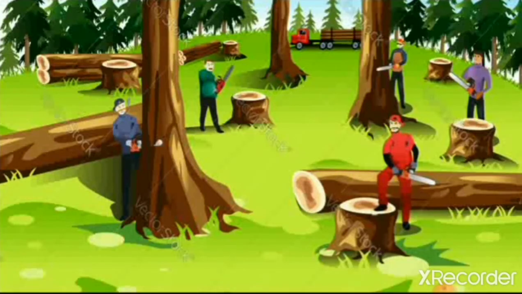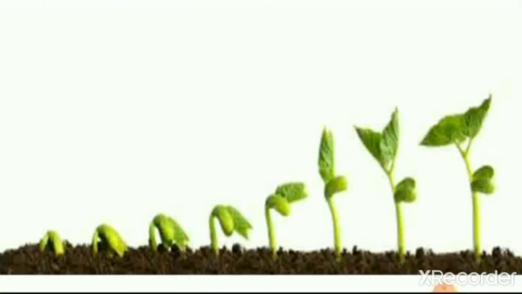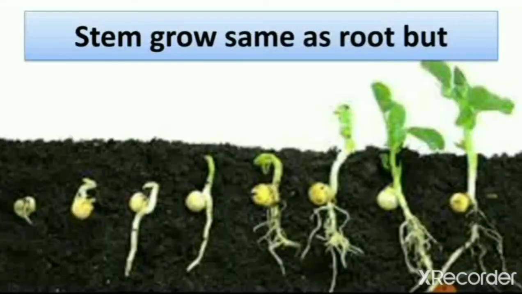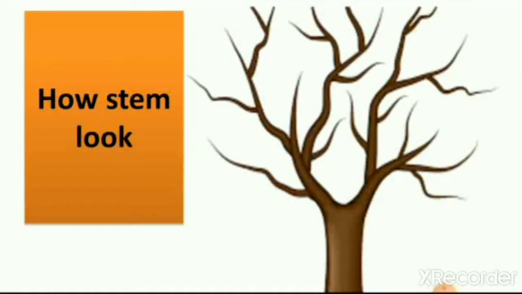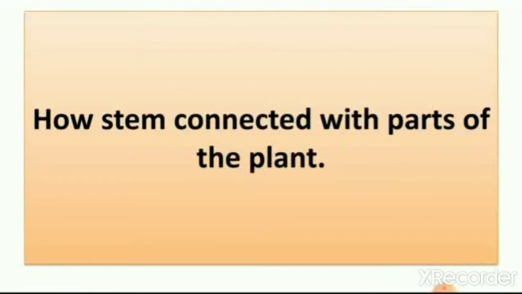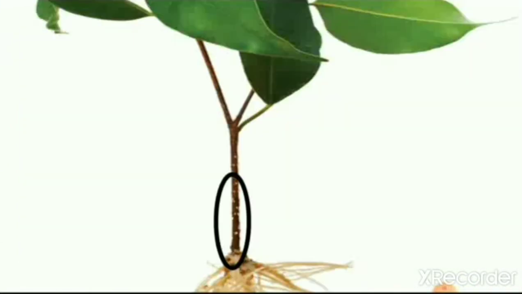Different types of roots, and about stem. Here the picture of stem, how stem grows on ground and how root grows underground. How stem looks, thick part of the plant, stem connected with the parts of the plant.